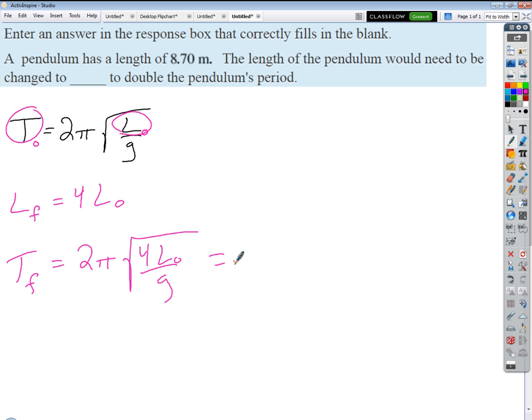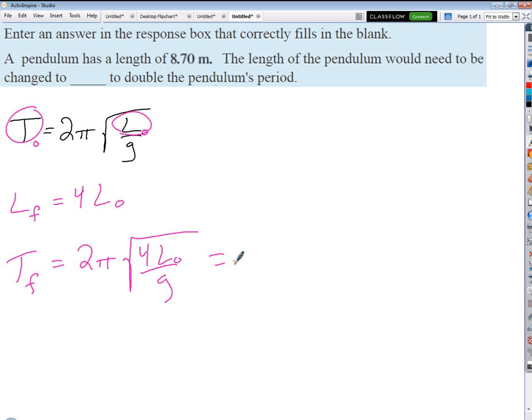Okay, so now think about this in terms of algebra. Is there a property of radicals that helps me here? If I have the square root of a times b, that's the same thing as saying what? Square root of a times square root of b, right? Everybody agrees? So I could rewrite this as 2 pi times the square root of 4 times the square root of my original length, L naught, over G, right?